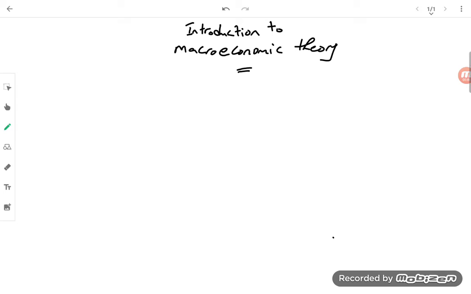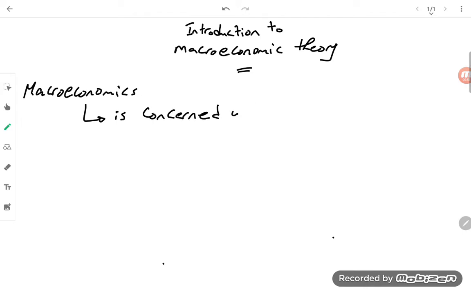What's macroeconomics and how does macroeconomics affect our daily life? Macroeconomics is concerned with the big economic issues that determine our economic well-being.